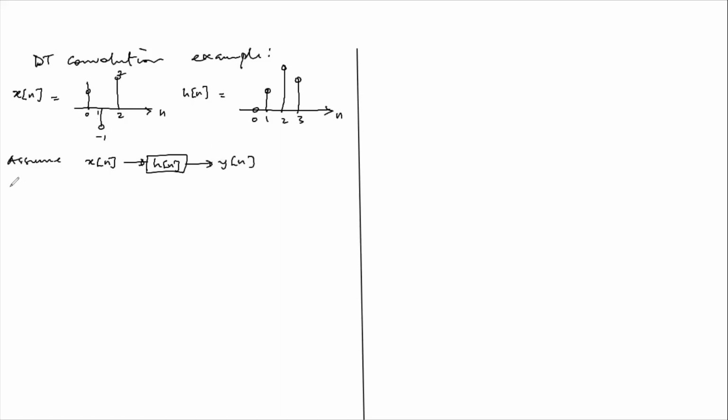We can conclude that y of n is the same as the sum k equal to negative infinity to infinity x of k and h of minus k, which is the same as the sum of x of k h of minus k minus n.